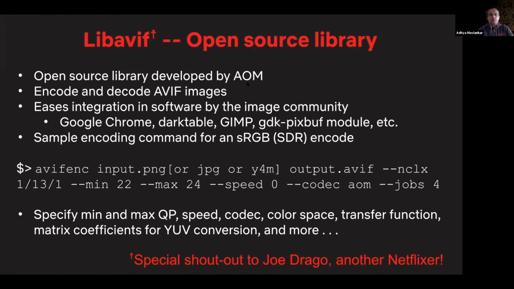For example, the min and max QP, the speed, the codec, like the underlying encoder. You could build in AOM or rav1e, for example. It allows you to choose the color space, transfer function, and lots of other parameters. And by the way, a special shout out to Joe Drago, who's another Netflixer. He's the primary contributor to libavif.